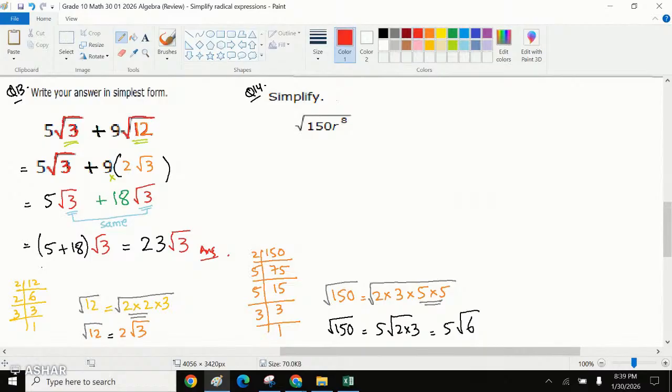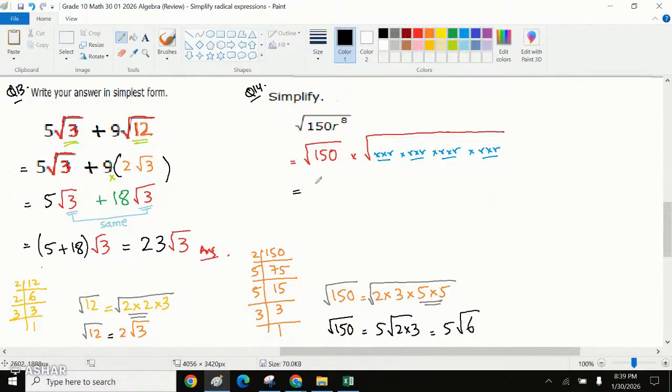So if we break this question, 150 multiplied by, how many exponents were there? There were 8 exponent on r. That means there would be 8 values of r.